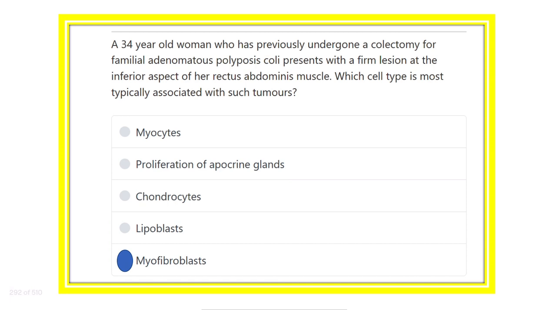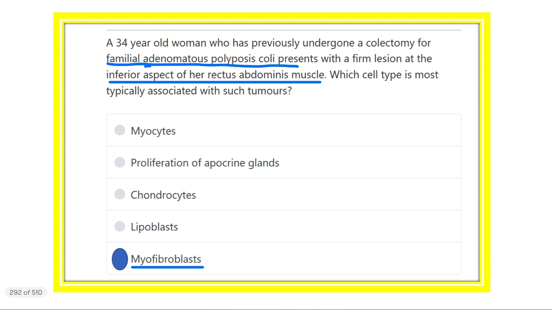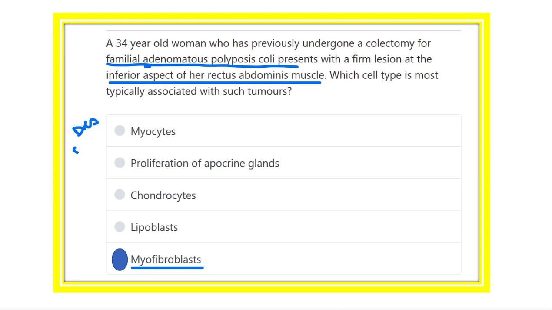So what is it? As it is at the inferior aspect of the rectus abdominis muscle, the answer is the myofibroblast. The other options are not answers, because we know the extracolonic manifestations of the FAP from mesodermal derivatives are the desmoid tumor, osteoma, which is derived from bones, but in the rectus abdominis there are no bones, and also dental problems.